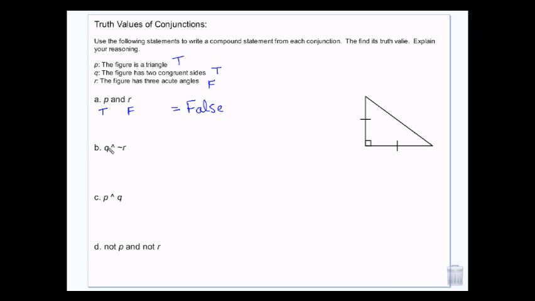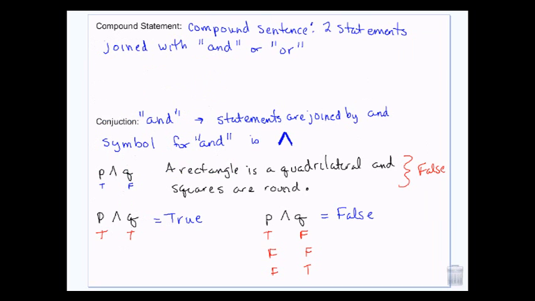If I say Q and not R, Q is true. Well, R was false. That makes not R true. So I have true and true. So I get true. What does that little sign mean? This means not. Yeah, that's this sign right here.